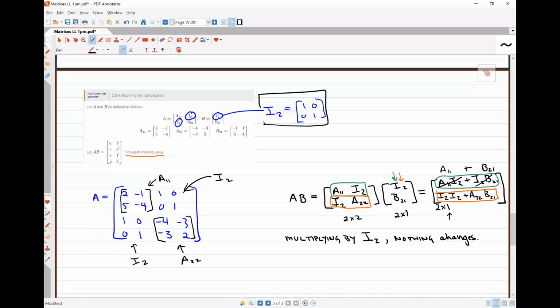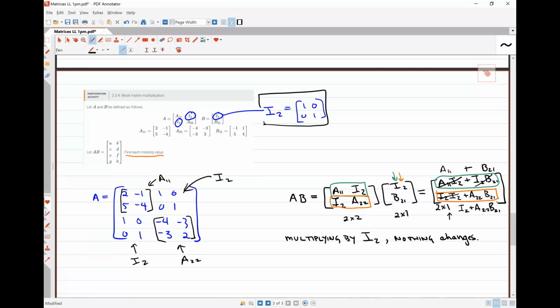So now instead of doing a whole bunch of multiplications here and a whole bunch of multiplications here, all we have to do is add, right? That's what we're left with. And down here, I have I2 times I2. That is just I2, right? 1 times 1 is 1. And then I still have to add this. I do have to actually do some work, right?